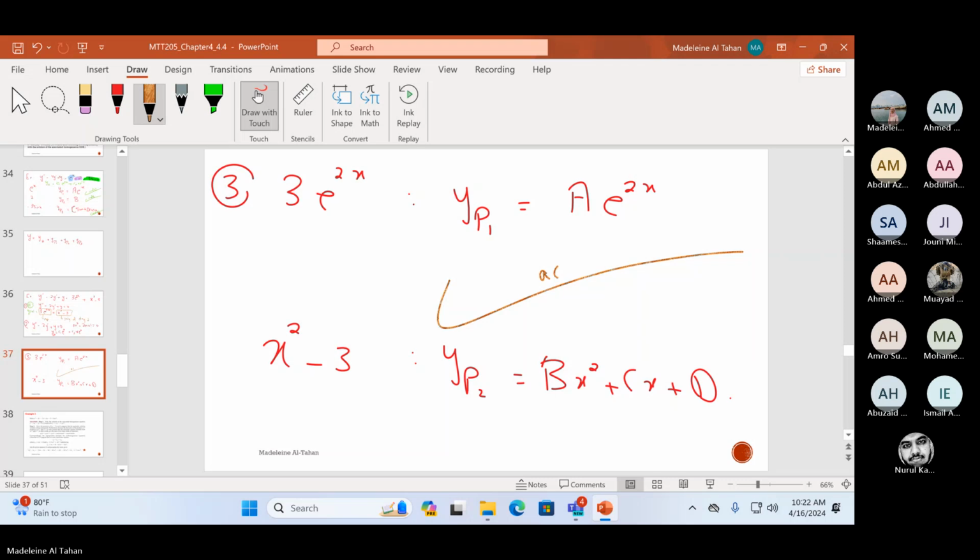Yes. Why? Because if we go back to yh, it is C1 e^x plus C2 x e^x, so it is independent. And with this one, it's also independent, right? So this one is also accepted.